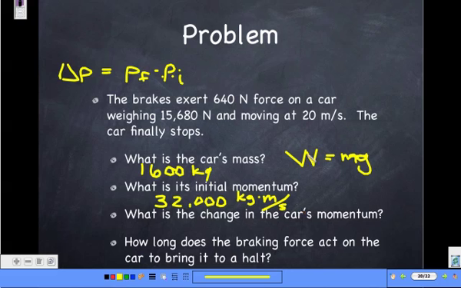You can also, I don't know, we'll have to check the book because the newton second is the same units. It depends, I don't know. We'll have to see. What's the change in the car's momentum? Because it's going from 32,000, or it's going to stop. So it changes 32,000.